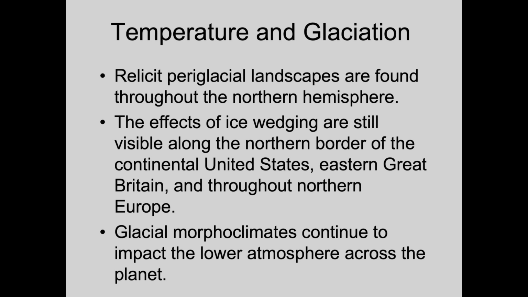So let's incorporate into this brief look at ocean currents the idea of temperature change and deglaciation. As you know, when glacial ice is not present, we're dealing with glacial landforms.